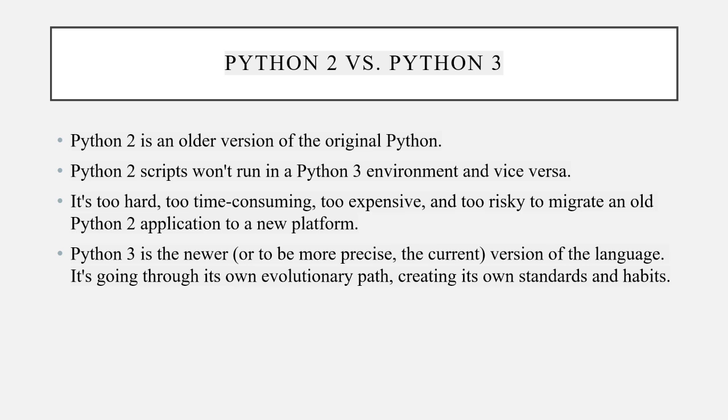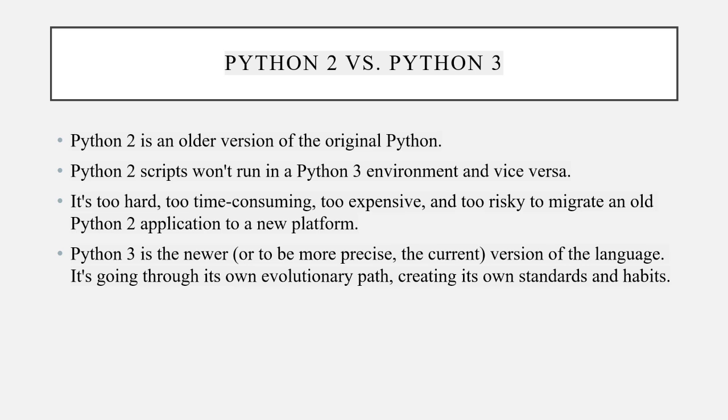And migrating an application from Python 2 to Python 3 is often seen as a difficult task. It's not just a simple upgrade, it involves changing code that may have been written years ago. This process can be time consuming, expensive, and risky, especially for large applications. This is why some legacy systems still run on Python 2.